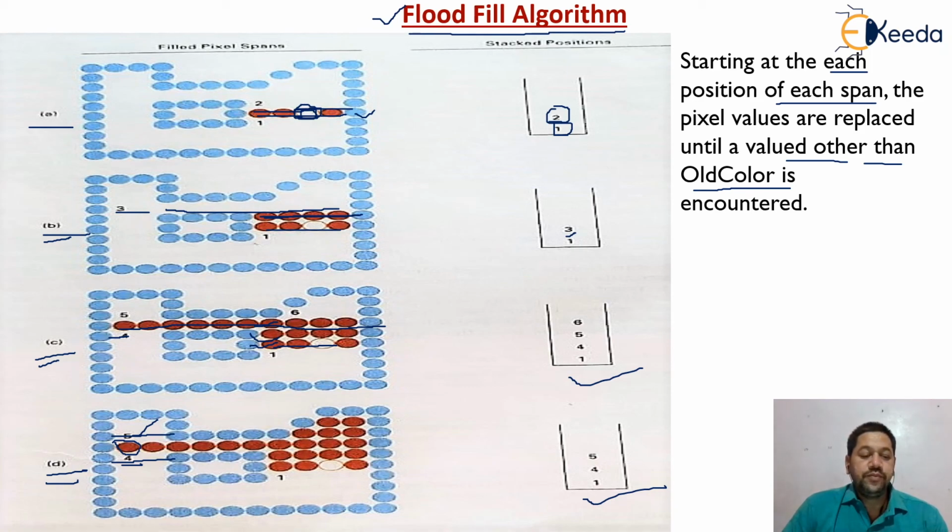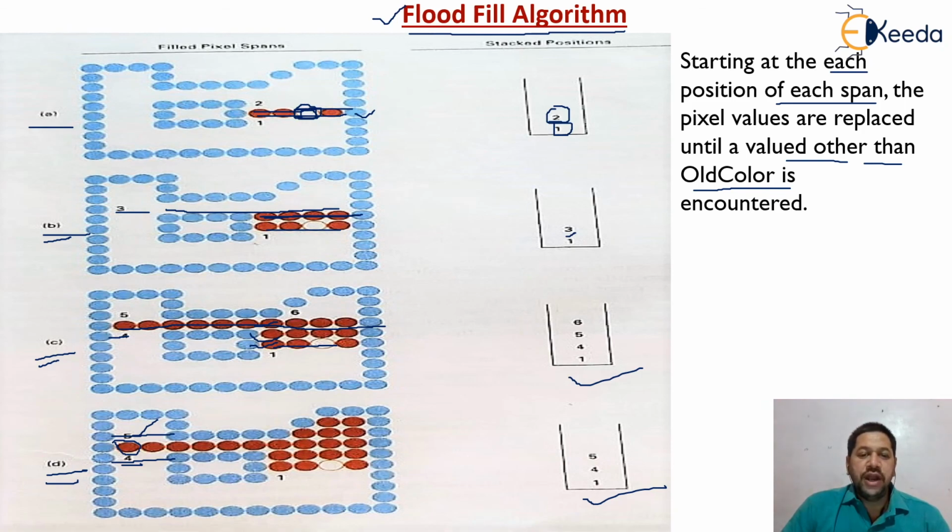So I hope all of you have enjoyed learning the last algorithm under polygon filling algorithms, or polygon fill primitives. Under this we have learned four important points. The first point is scan line converting a polygon.